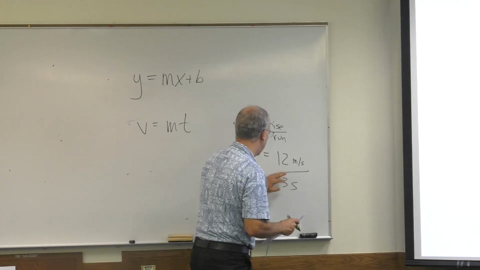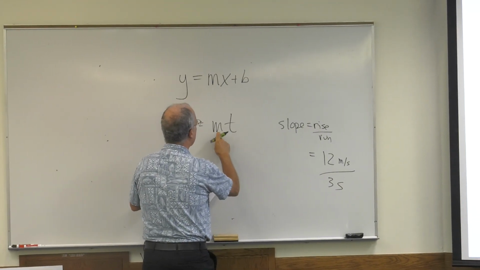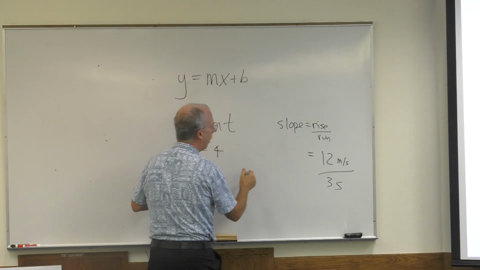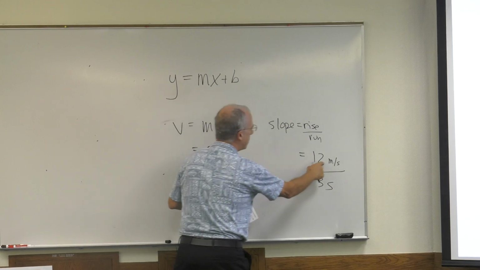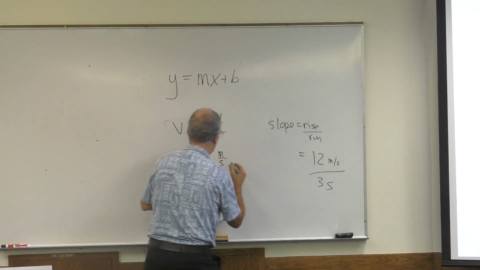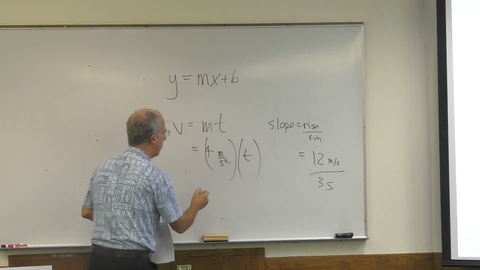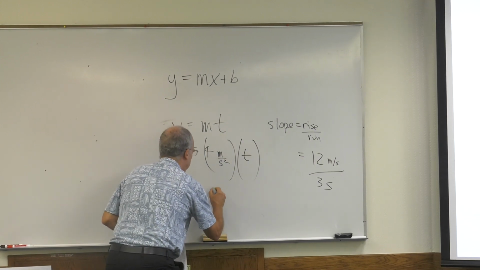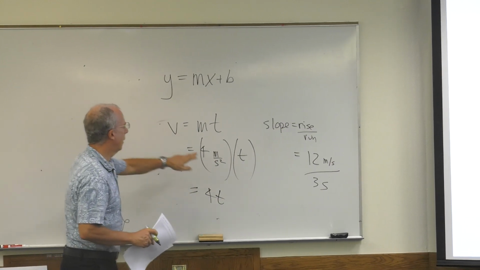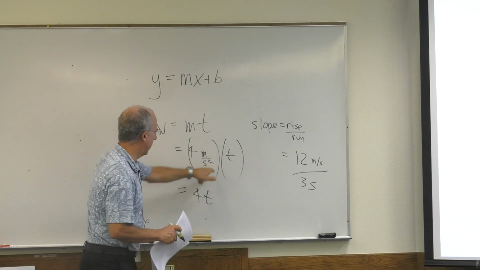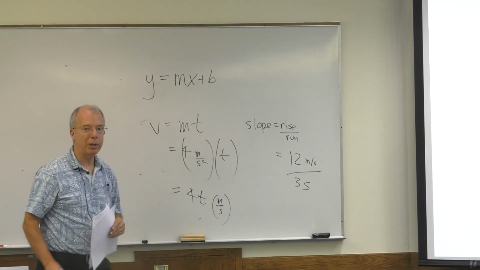The slope is 4 meters per second divided by a second, which is 4 meters per second squared, times time. So we can just write that as 4t. Time is in seconds, so it's going to kill one of these seconds, and the velocity will be in meters per second. Make sure you can do that.